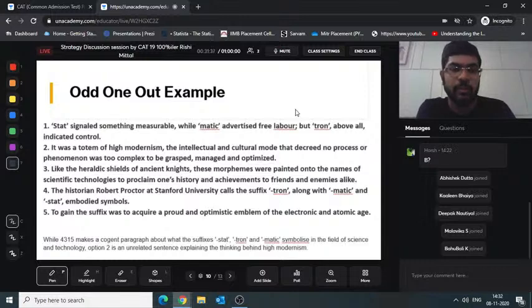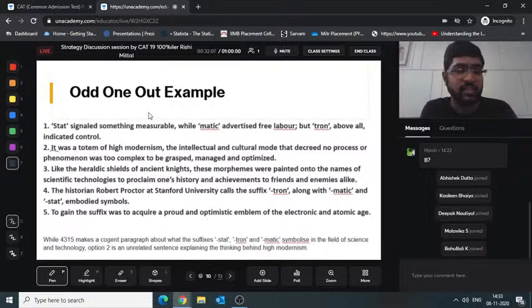The second sentence: it was a totem of high modernism, the intellectual and cultural mode that decreed no process or phenomenon was too complex to be grasped, managed, or optimized. That's a very heavy language sentence. But I know there's an "it" being mentioned, so maybe there is some noun preceding the sentence.